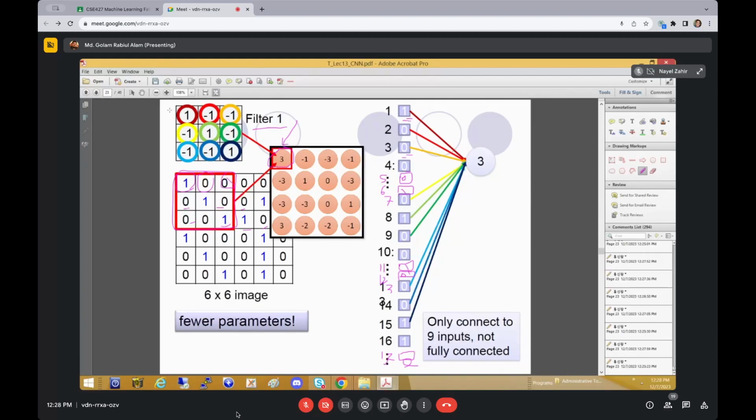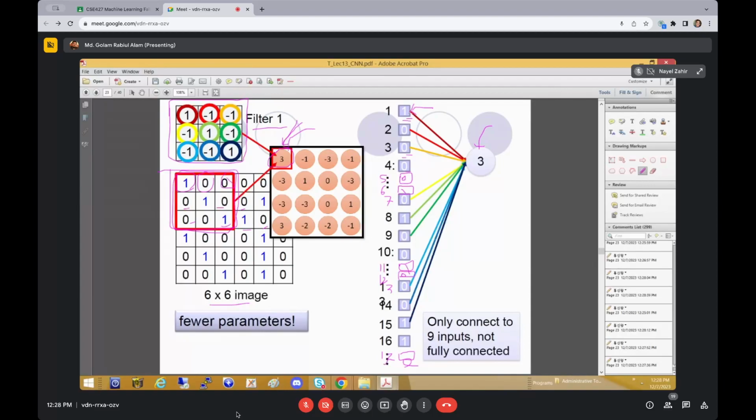That means if we perform the first convolution operation with this filter on the first patch, those inputs are connected to this value 3. This is our input layer, with 36 inputs, and it is connected to this hidden layer. This is one neuron.